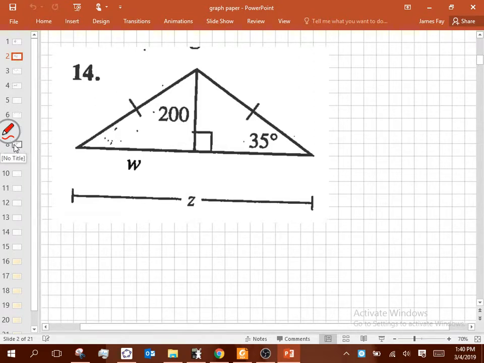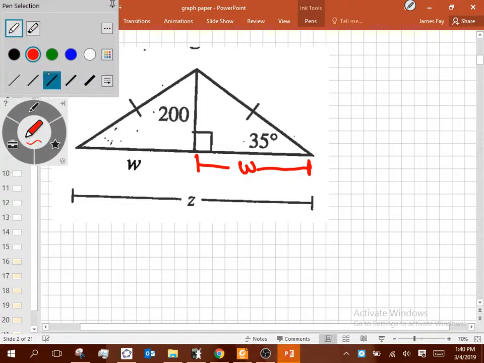Okay? What about this one? What kind of triangle is that overall triangle? Isosceles. So this distance here is going to be W as well, isn't it? Okay. So can I find W that way? Can I look at that angle? 200 is what side? Opposite. W is adjacent.